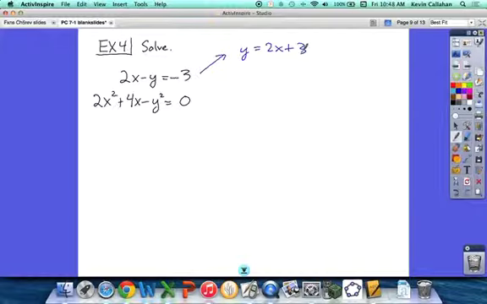When I add y to this side, I add negative 3, I add 3 to get that over here. Okay, now we've got to plug in for y here.